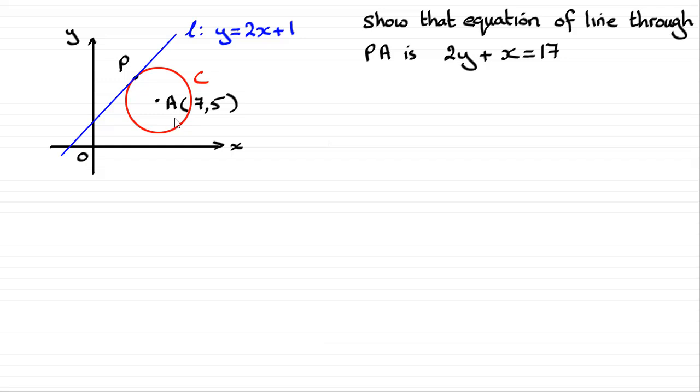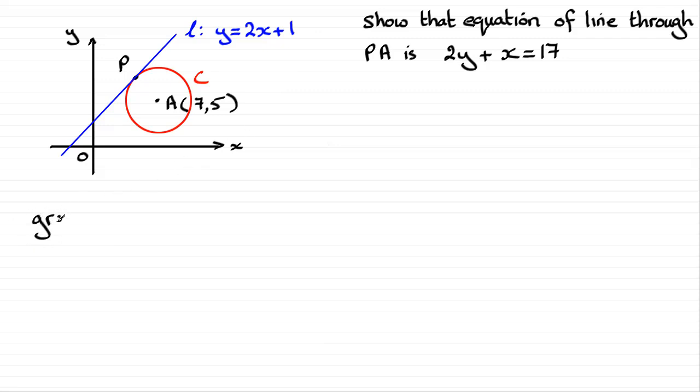I've got to get the gradient though, and the gradient is going to be a perpendicular gradient to this line L. And I can get that gradient just by reciprocating and taking the negative of that reciprocal for the gradient of this line. So that's my method. Let's just get into the problem.